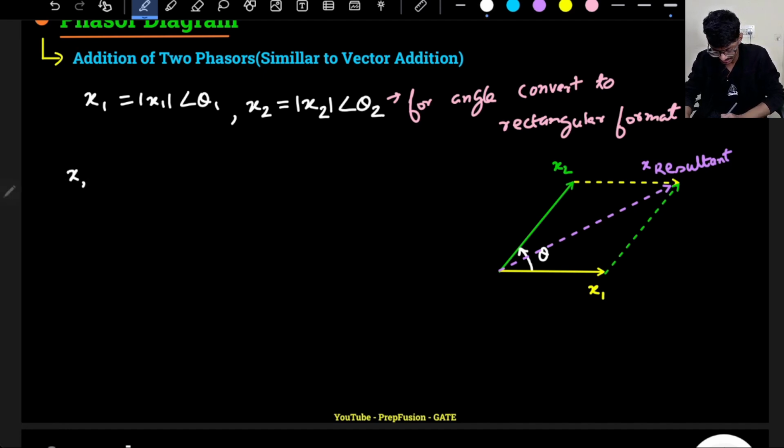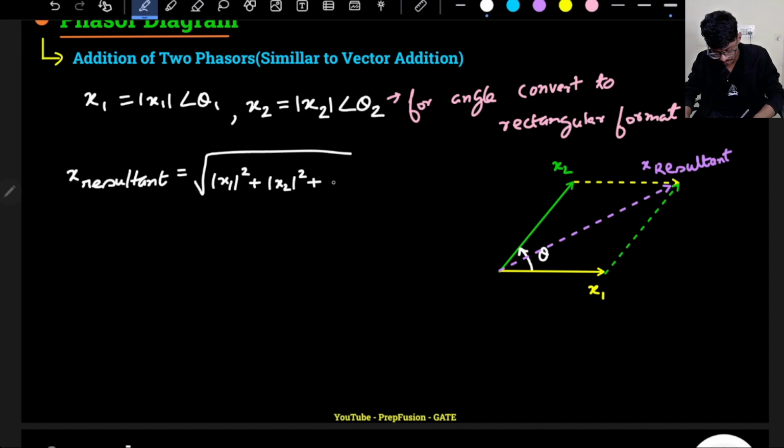That my x resultant will be equal to the square root of magnitude of x1 whole square plus magnitude of x2 whole square plus 2 into magnitude of x1 into magnitude of x2 into cos of theta 1 minus theta 2, or theta 2 minus theta 1.